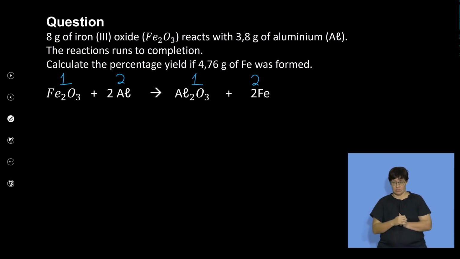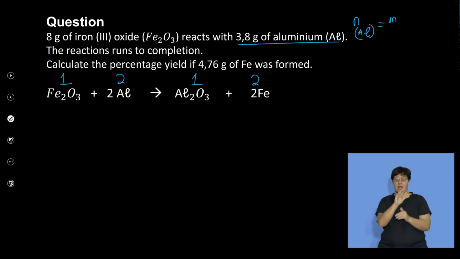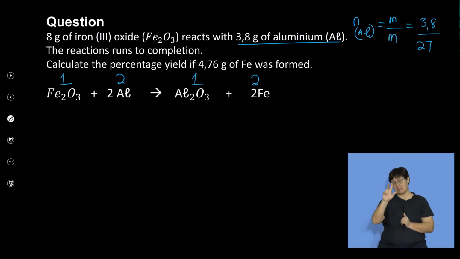So in terms of stoichiometry, this has to do with the mole concept in terms of the quantity of matter as an SI unit. So we ask ourselves how many moles of aluminium are present in the 3.8 gram sample. Number of moles of aluminium is equal to mass of aluminium over molar mass. So the mass is 3.8 grams divided by the molar mass of aluminium, which is 27 grams per mole.